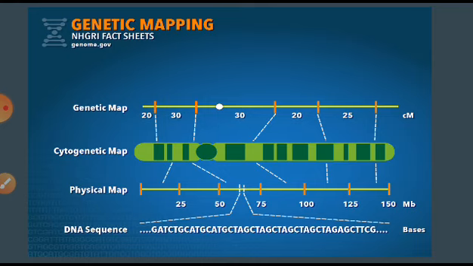In the DNA sequence, you can see a small fragment elaborated in terms of base pairs. So they can identify exactly in this particular gene which bases are getting mutated.